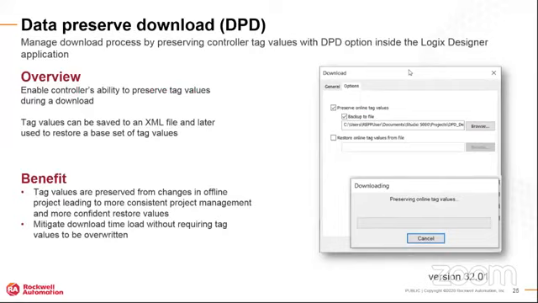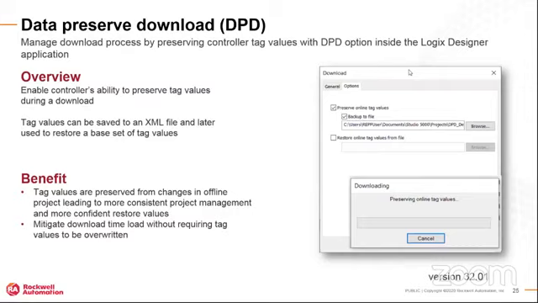From the data preserved download, one thing to take into account is that this originally came out in Studio 5000 version 24. However, where version 33 differentiates itself from version 24 is that the overall content for the data preserved download is embedded into the native system for Studio 5000.